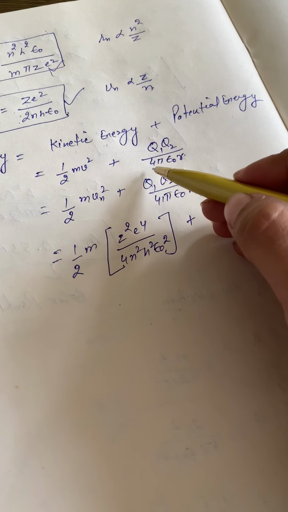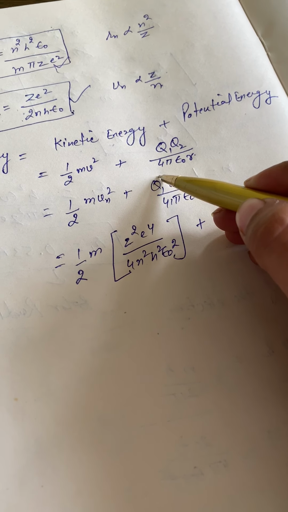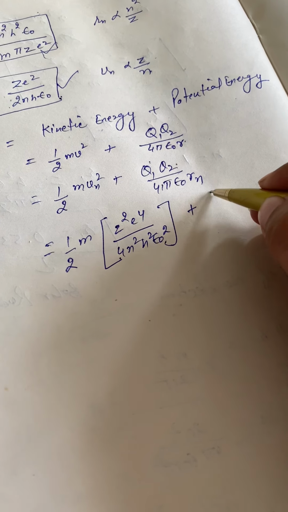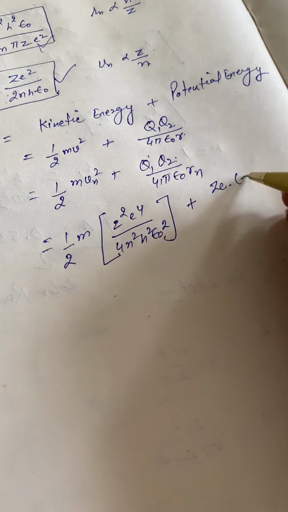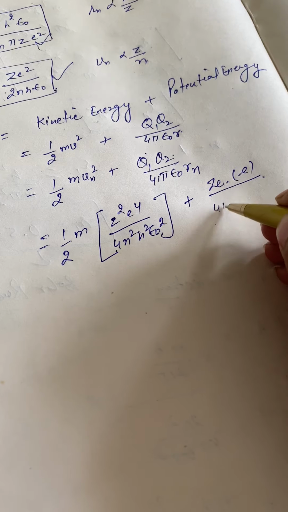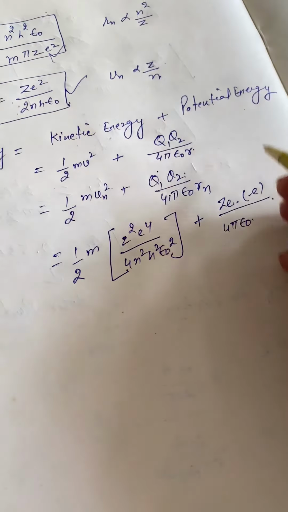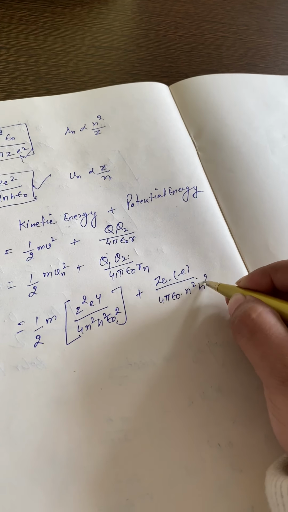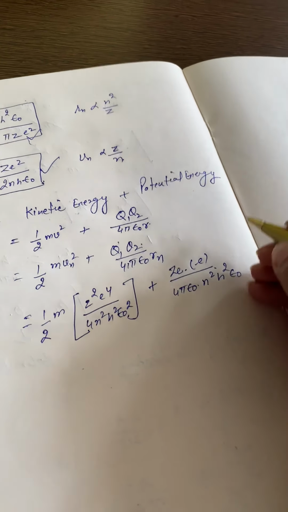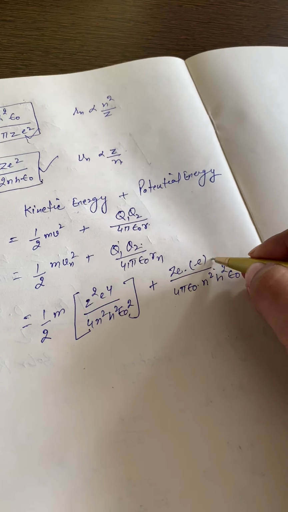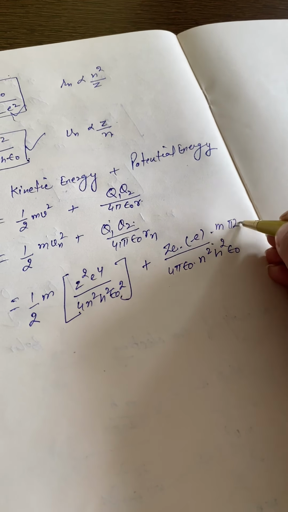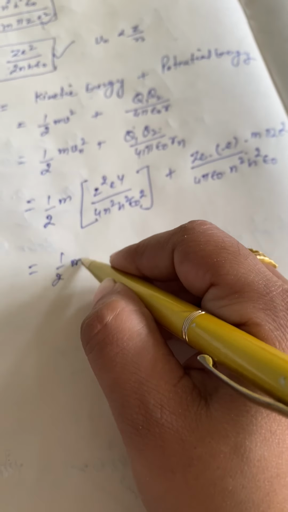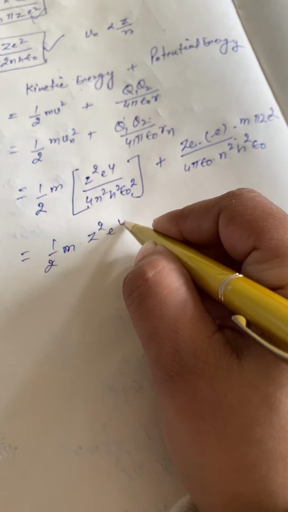If we consider q1 is the charge of the nucleus, the positive quantity, and q2 is the charge of the electron, then q1 is equal to ze and for the electron it is minus e, over 4 pi epsilon naught r_n, where r_n is equal to n square h square epsilon naught over m pi z e square.